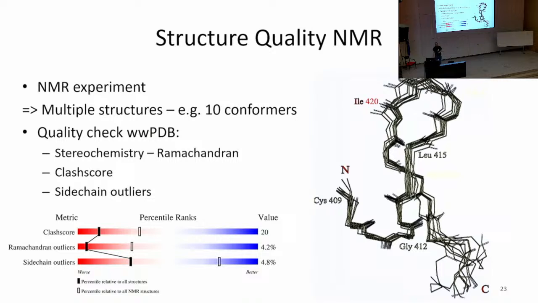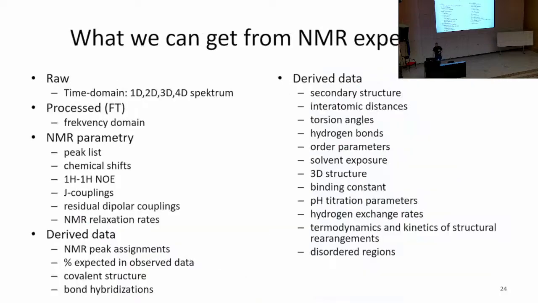But we can typically check other metrics, such as the clash score. You can check the stereochemistry, like Ramachandran, and you can check for outliers. Based on that, you can see information within the Protein Data Bank on whether the structure is okay or not, and you typically get which parts of the protein are moving and which are not, which is especially good when you have disordered parts of proteins.